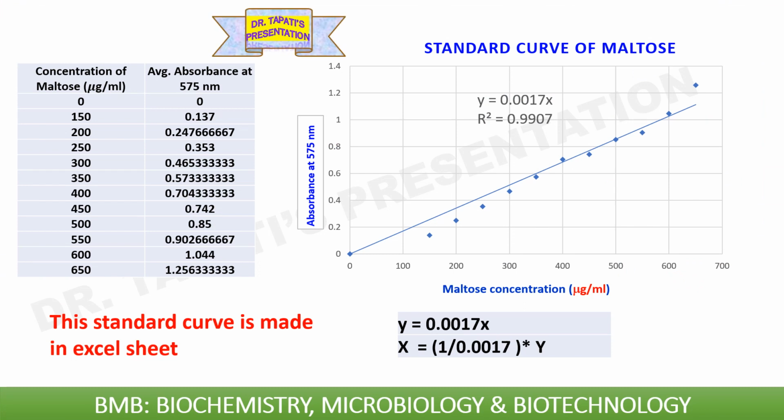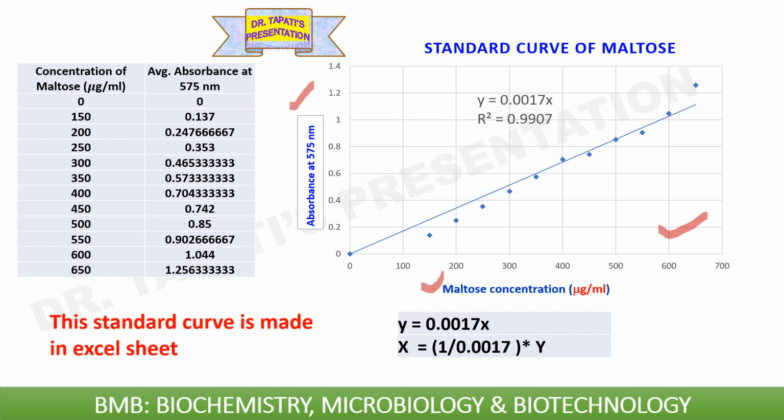In my last video, that means in unit 19 of the enzyme series, I discussed the DNS method, that means the 3,5-dinitrosalicylic acid method for the determination of maltose concentration. I showed this standard curve where absorbance is plotted on the y-axis and maltose concentration on the x-axis.